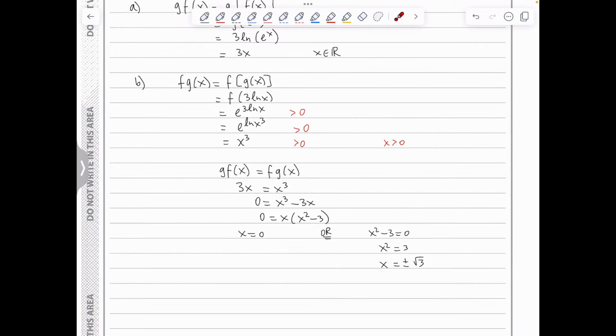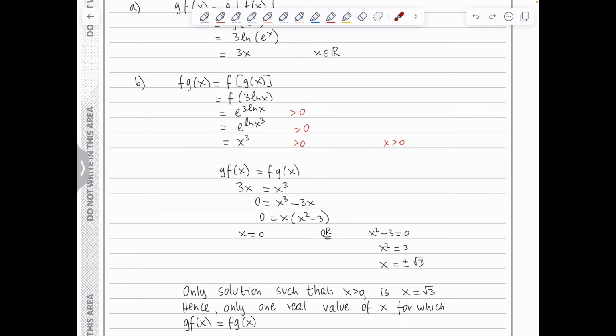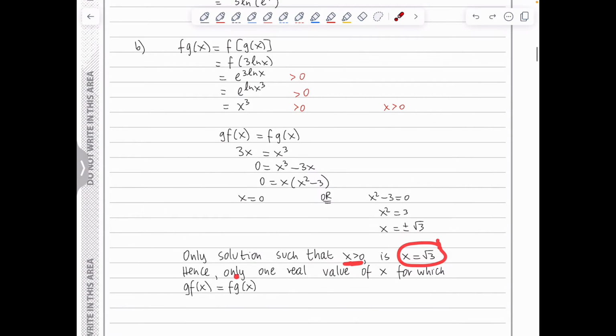So what we need to write here is a statement that the only solution such that x is greater than 0 is the positive root 3, and therefore we have only one real value of x for which g f of x is equal to f g of x.